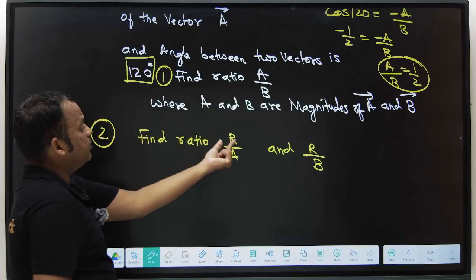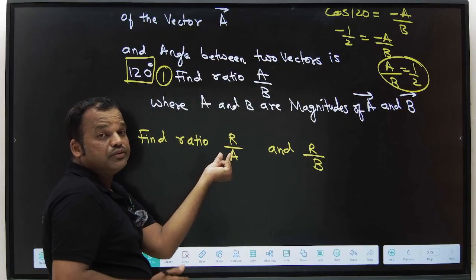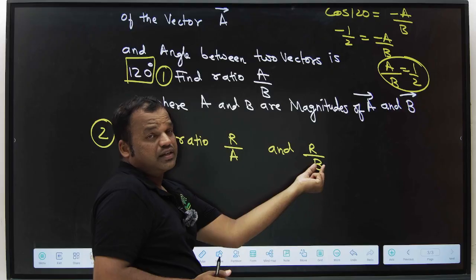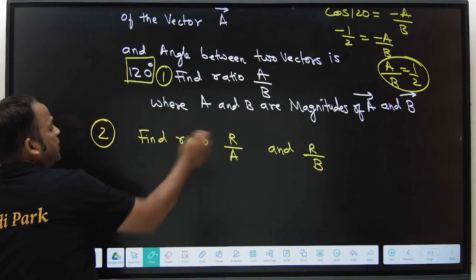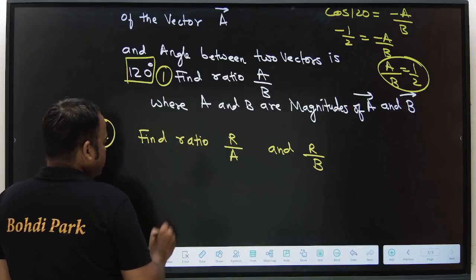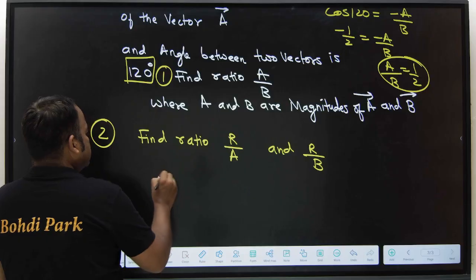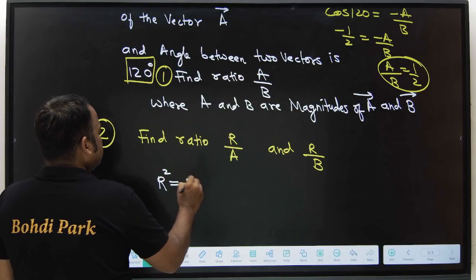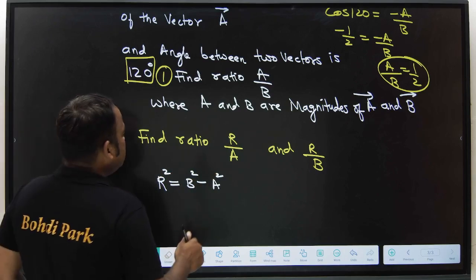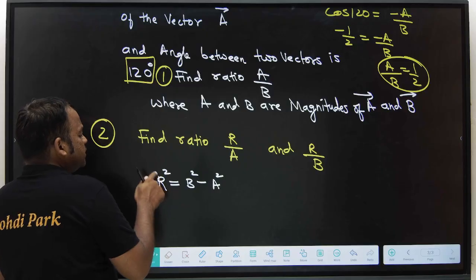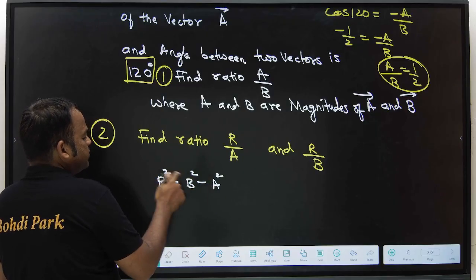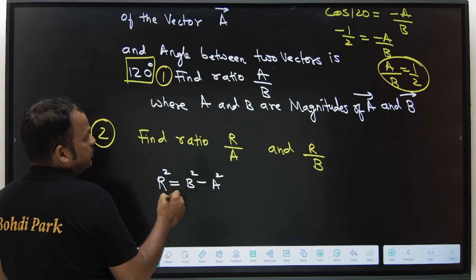R is the magnitude of resultant, a is the magnitude of a vector, b is the magnitude of b vector. So how to find r by a and r by b? So the second short trick is there which is r square is equal to b square minus a square, because the resultant makes 90° with a vector. So we have r square is equal to b square minus a square.